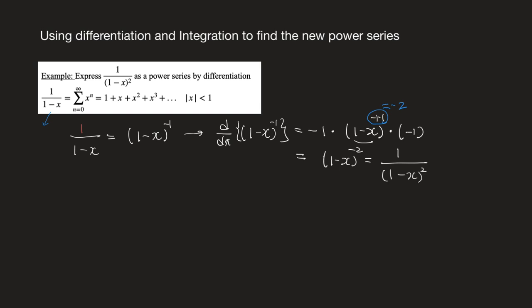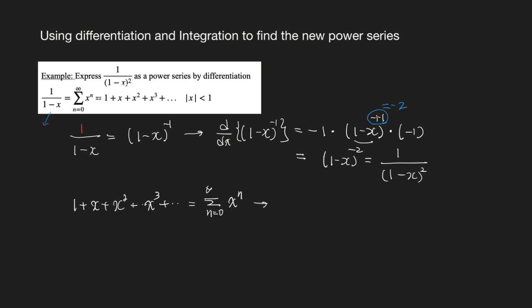We're going to do the same thing to the right side, this power series: summation n equals 0 to infinity x^n.